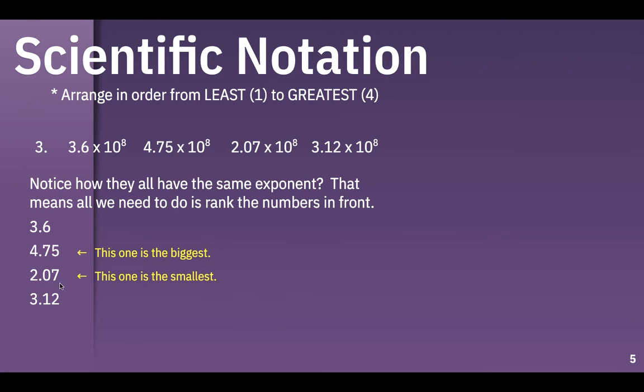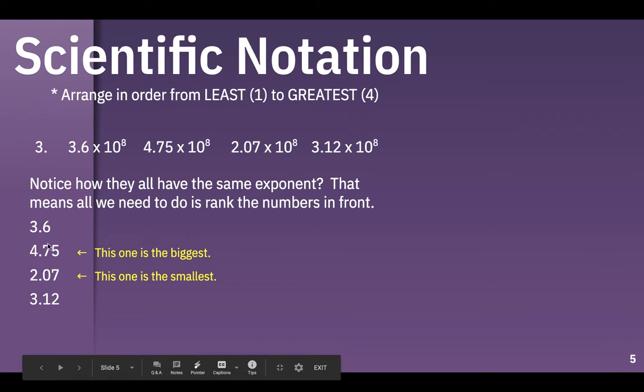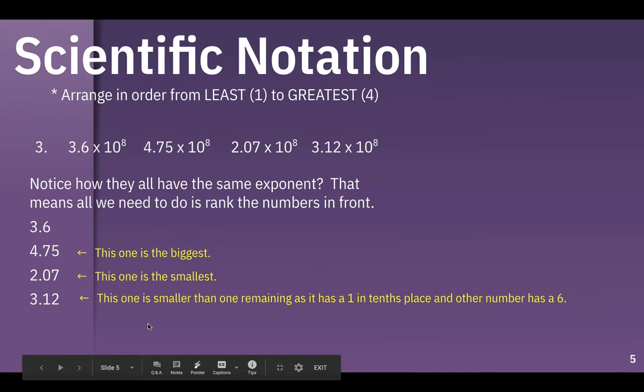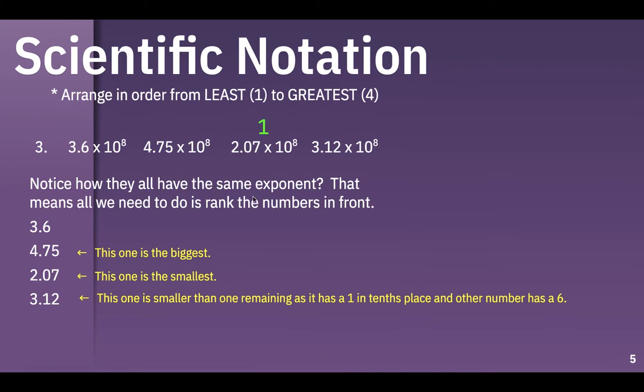Our smallest is 2.07. And then we have to compare 3.6 and 3.12. We have 3 and 3. We go to our tenths place, 6 and 1. So 1 is smaller. This one's smaller than the other one because it has a 1 in the tenths place versus the 6. So it goes in this order: 2.07 times 10 to the 8th, 3.12 times 10 to the 8th.